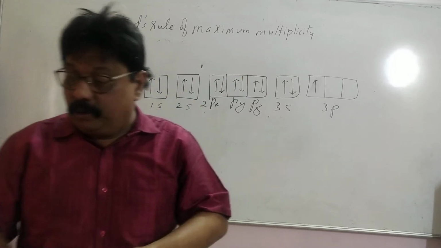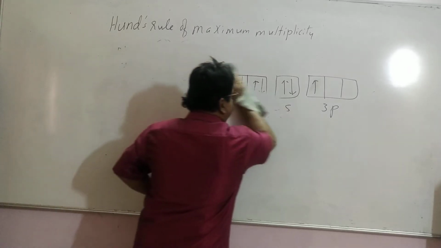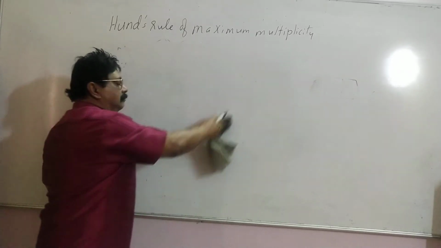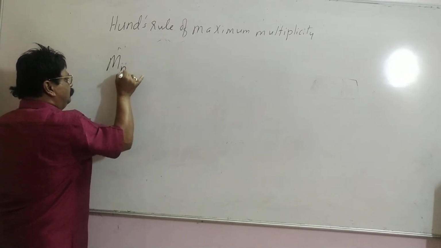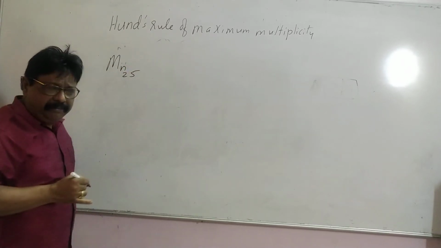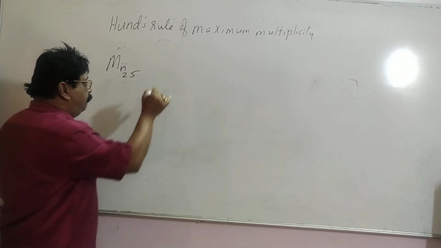If I am going to another element, another example, manganese, atomic number 25. In the Aufbau principle, I set the electronic configuration.